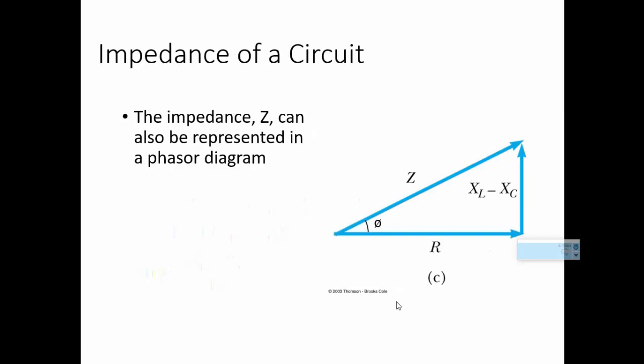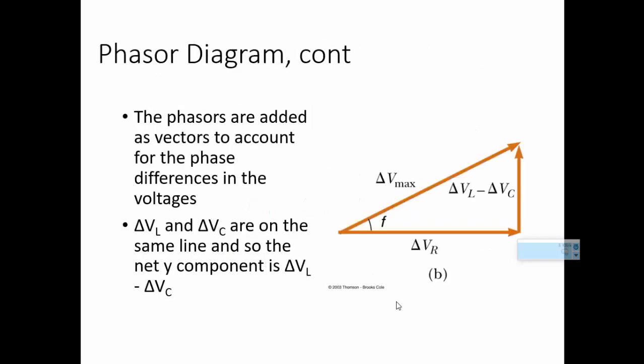Now for the impedance of a circuit, from the same voltage triangle we can also derive the impedance triangle. If I took this current here and put it in terms of the RMS values, guys, I just don't have a writing pad, I'd have shown all of this.